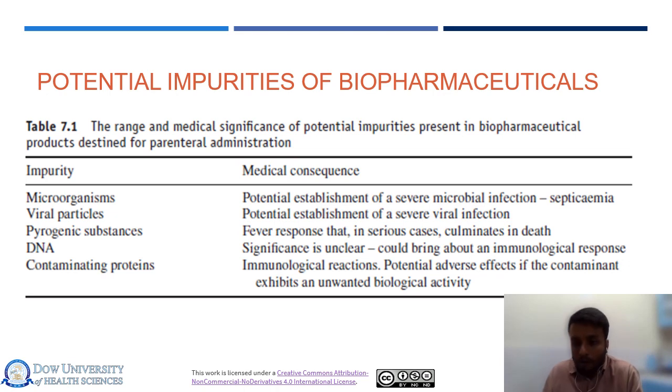This can be the raw materials, the equipment that is being used, and the manufacturing environment itself can be a potential harbor of microorganisms. So it is essential to identify these contaminations so that we can prevent the spread of infection through the biopharmaceutical product, ensuring patient safety.